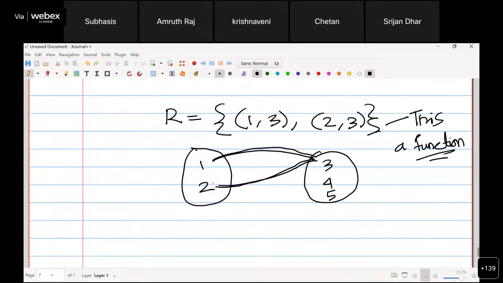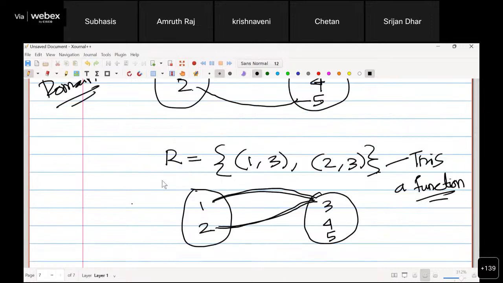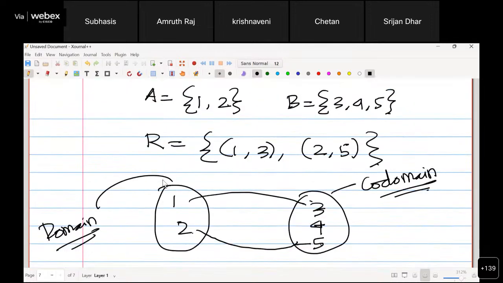So now it's more or less the idea. Let me jump into some of the things. Can you tell me what the codomain is here?